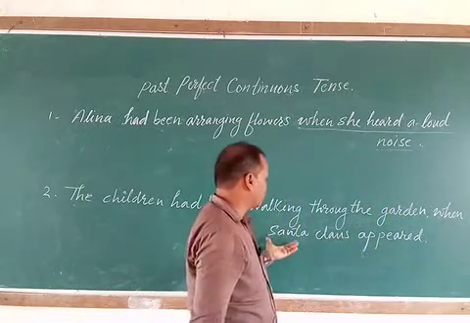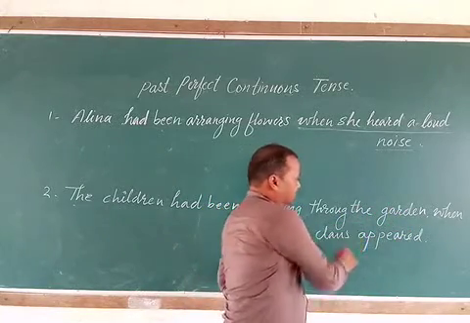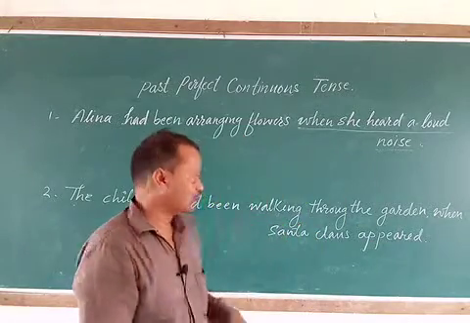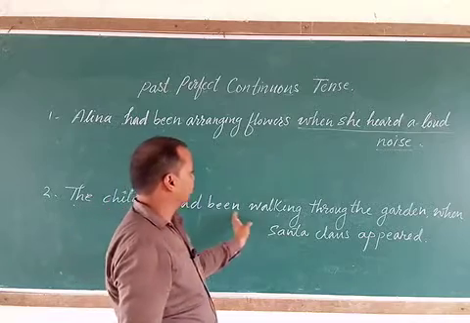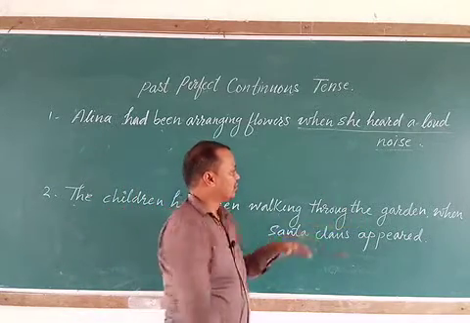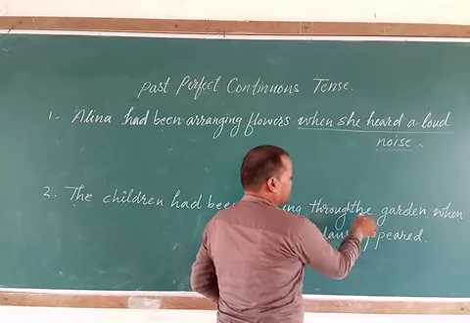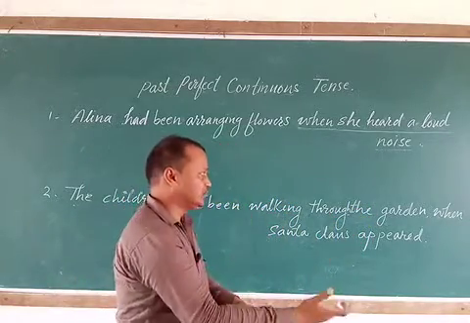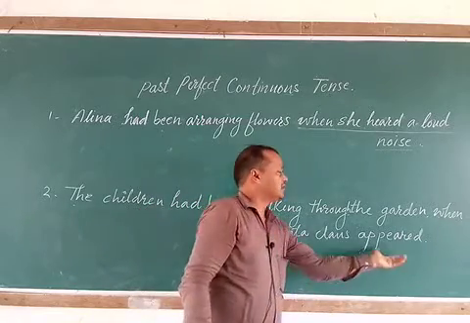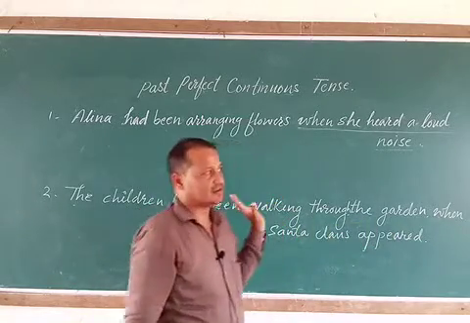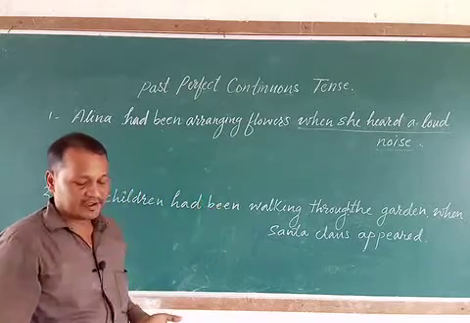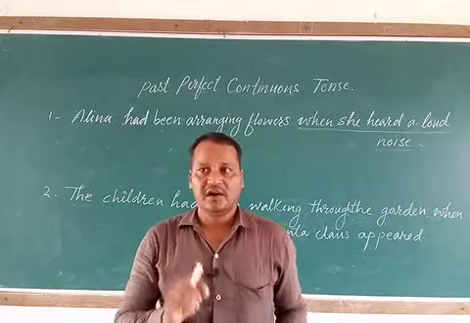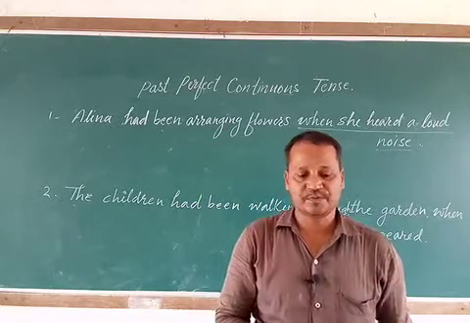The second action, Santa Claus appearing, came a long period after. One action, walking through the garden, had started and then it continued up to that incident. So this type of expression we talk in this tense, that is past perfect continuous.